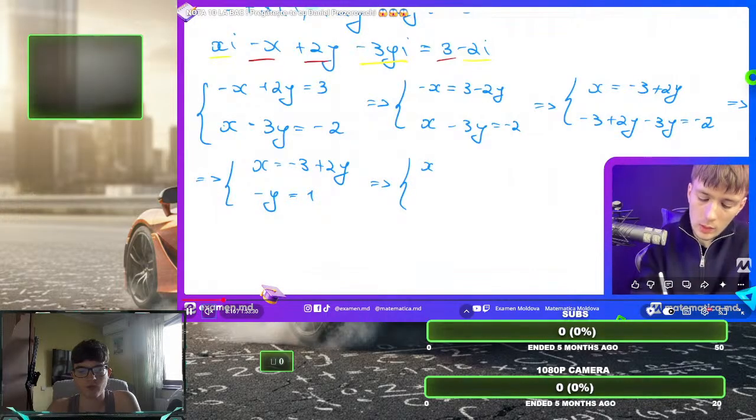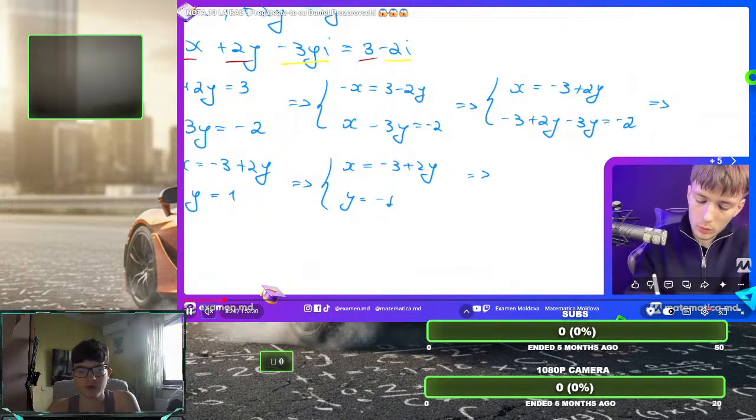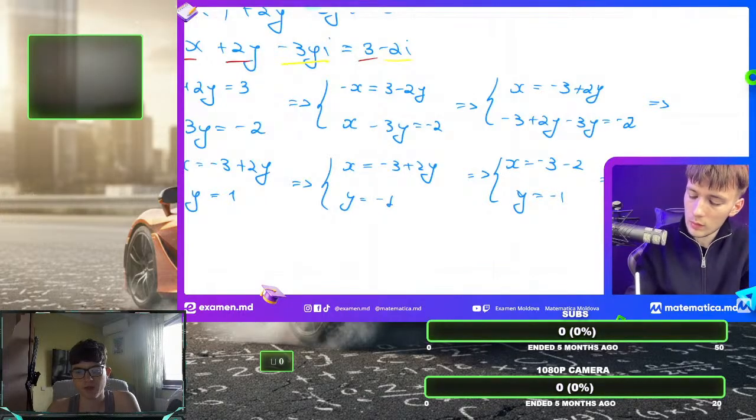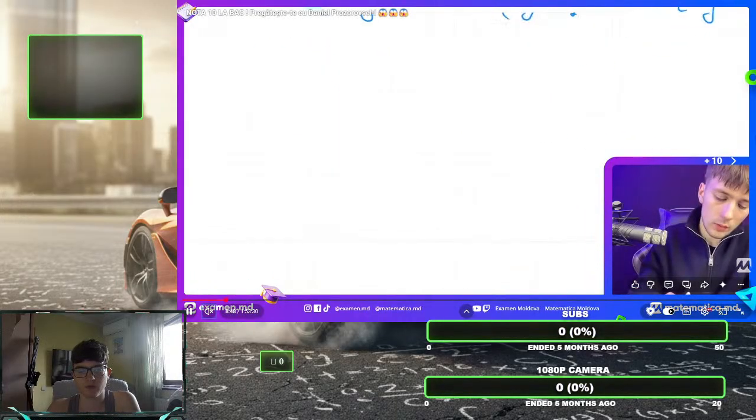And we can swap the sign and we'll get that y is -1. What the hell is that 1? Anyway, we're just gonna plug it in, and x is gonna be -5, just like that. And now we just write down the response. That's all solved.